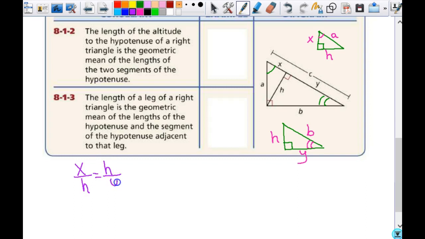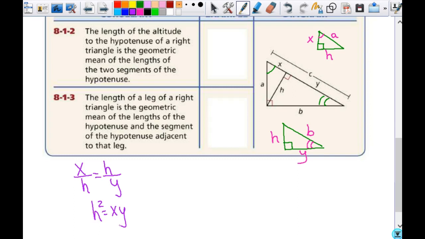Y, okay? Everybody okay with where that came from? And notice how h shows up twice here in the means? So it's a geometric mean, right? So when I cross multiply here, this is going to give me h squared equals x times y. Anything that is a geometric mean gets squared, right? Because you multiply it, even if it was a 5, it'd be 5 squared there, right? Anything that's a geometric mean is squared.